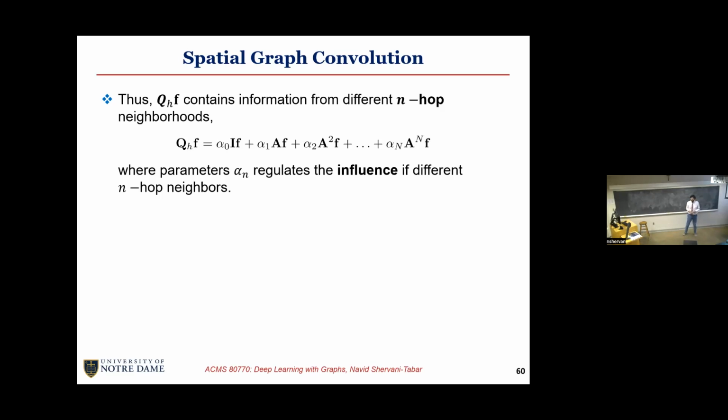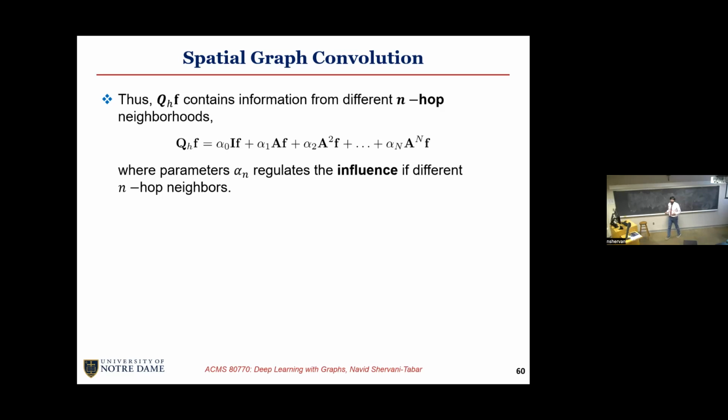All right, so far we discussed defining a matrix that performs convolution on this graph. We call that QH, and that was all on a circulant graph. We say that this can be represented as an expansion into different powers of the adjacency matrix.